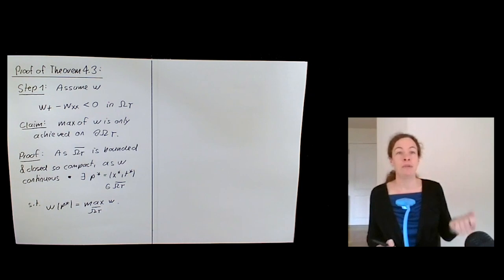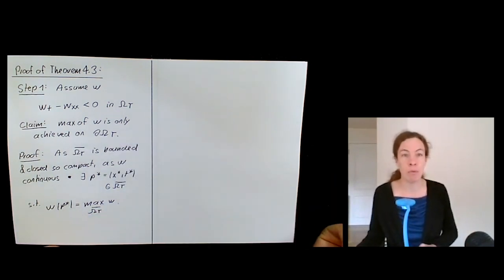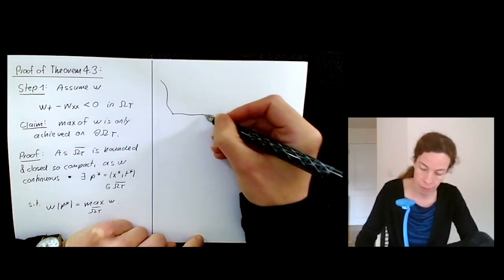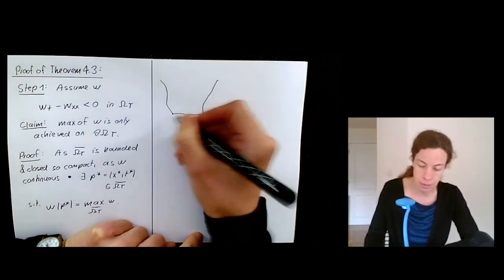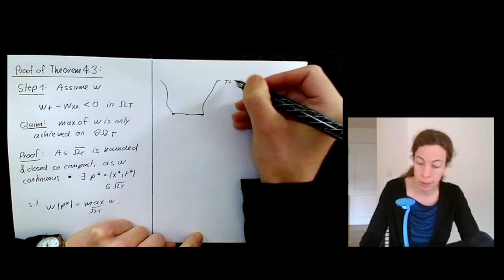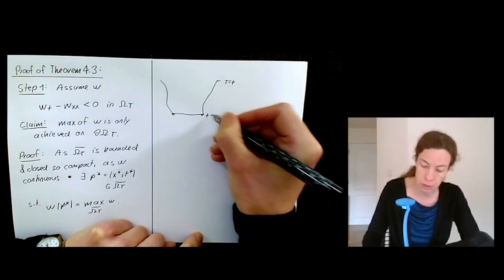Now, what do I need to do in order to conclude that this point is on the parabolic boundary? So my parabolic boundary, remember, is something like this. So I'm having this sort of domain like this. Here's my initial curve. Here's my t is equal to 0. Sorry, my t is equal capital T. Here's t equals 0.